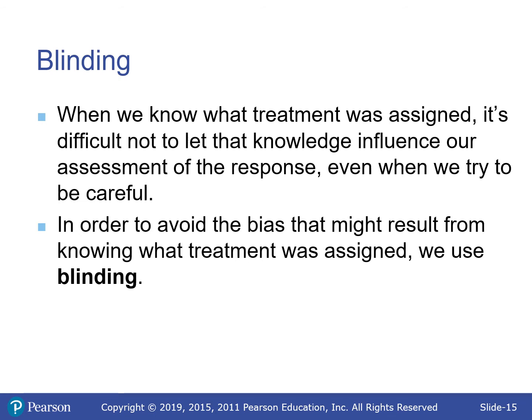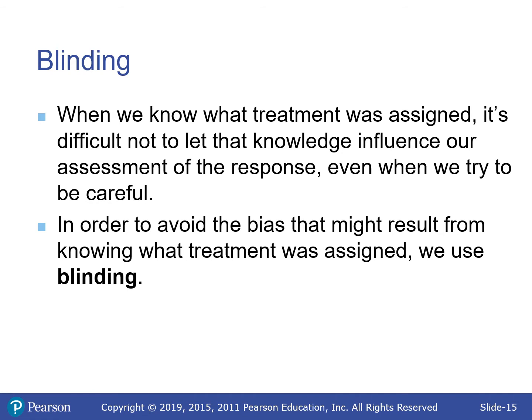Blinding. So blinding is when you don't know who has what treatment. Generally speaking, the subjects should not know what treatment they have, because if you think you should be getting better, a lot of times you get better or do better.